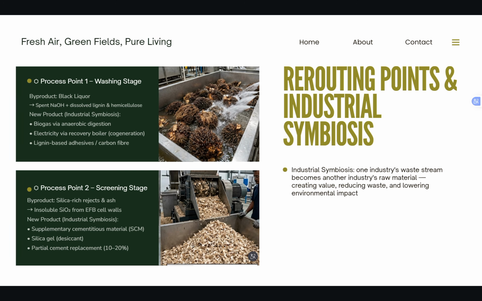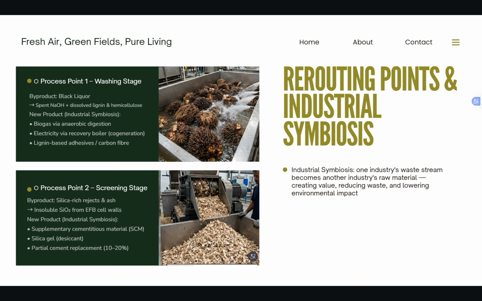There's also one important concept here, which is industrial symbiosis. This means waste of one process becomes a resource for another industry. For example, black liquor can be converted into biogas, electricity, or lignin-based products, and silica-rich waste can be used in cement or silica gel production.